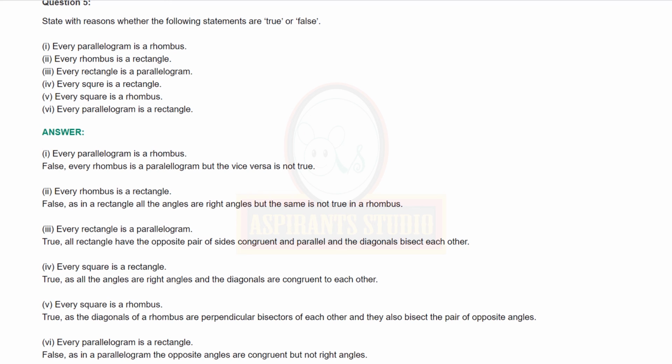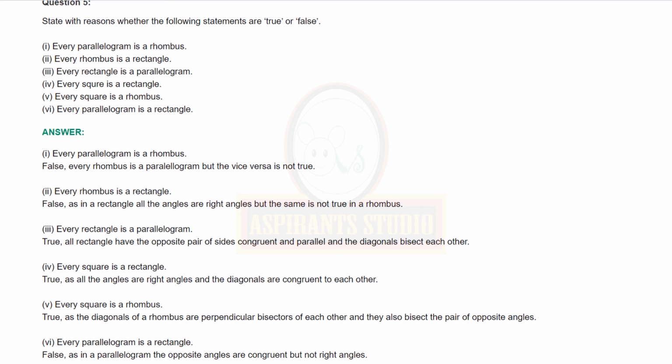It is true. The diagonals of a rhombus are perpendicular bisectors of each other, and they also bisect the pair of opposite angles. All the properties of the rhombus match with the square. So every square is a rhombus.